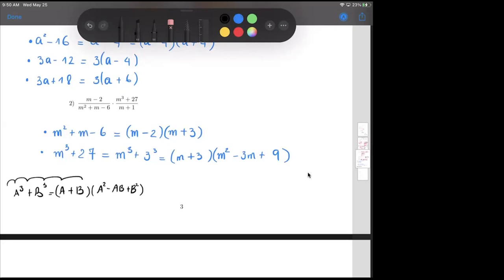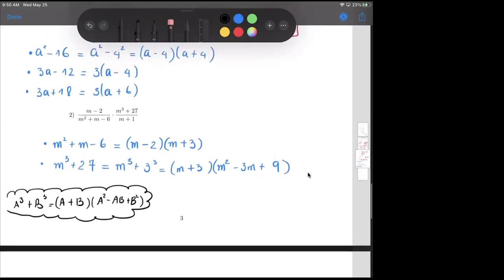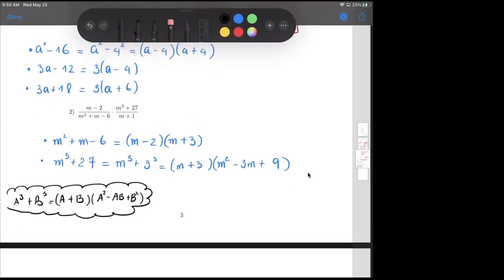Soap, the thing that you use in your shower. And then m plus 1, nothing I can do about it. It's already prime. So all I have to do is plug them back. So m minus 2 on the top. On the bottom, I have m minus 2 times m plus 3. If it bothers you, you can put m minus 2 in the parentheses for the top, and then times the long thing.